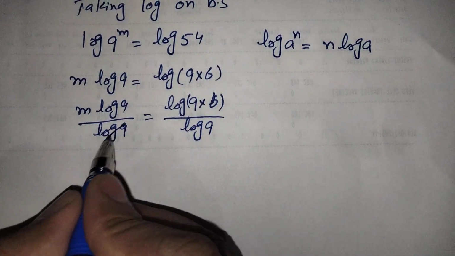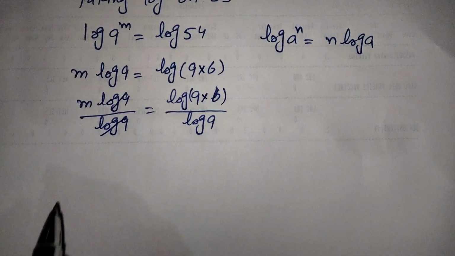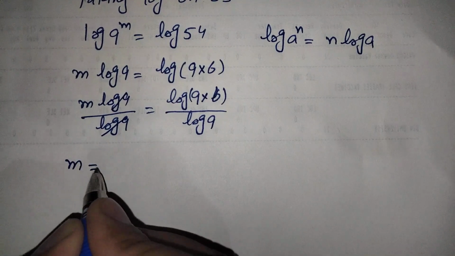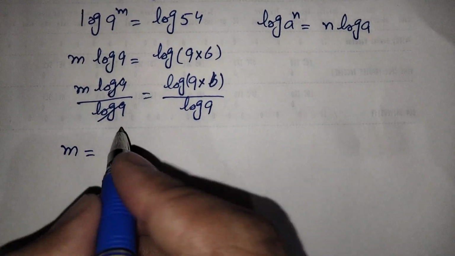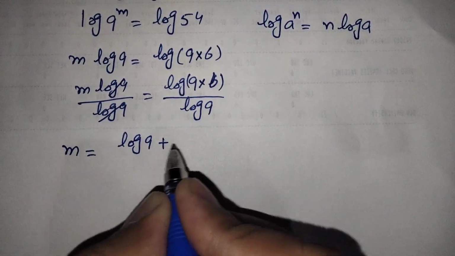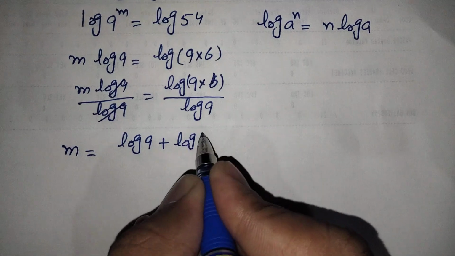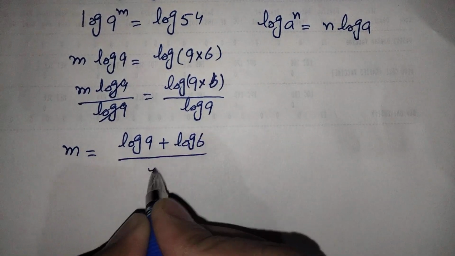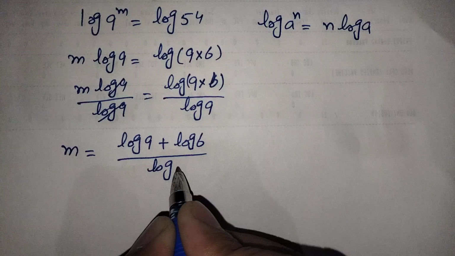Now this log of 9 will be cancelled out with this log of 9 and we will get m is equal to log of 9 plus log of 6 over log of 9.